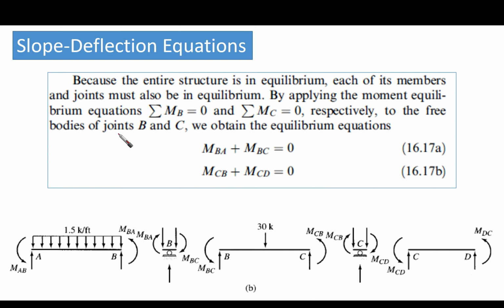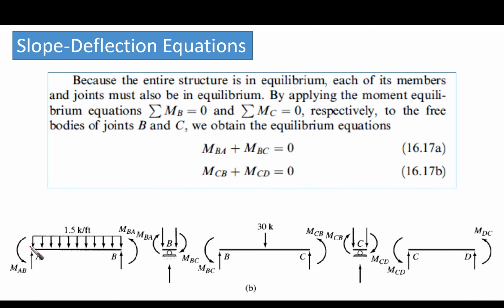First of all, before writing the slope deflection equations, we want to look at the whole beam as separate beams. So we have AB, which is the first span, and then we have joint B alone, and then BC, which is the second span, and then point C alone, and then the third span, which is CD.